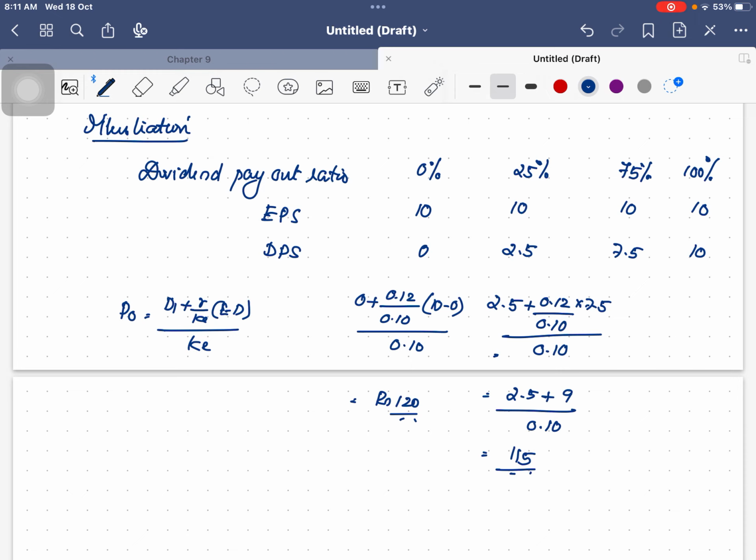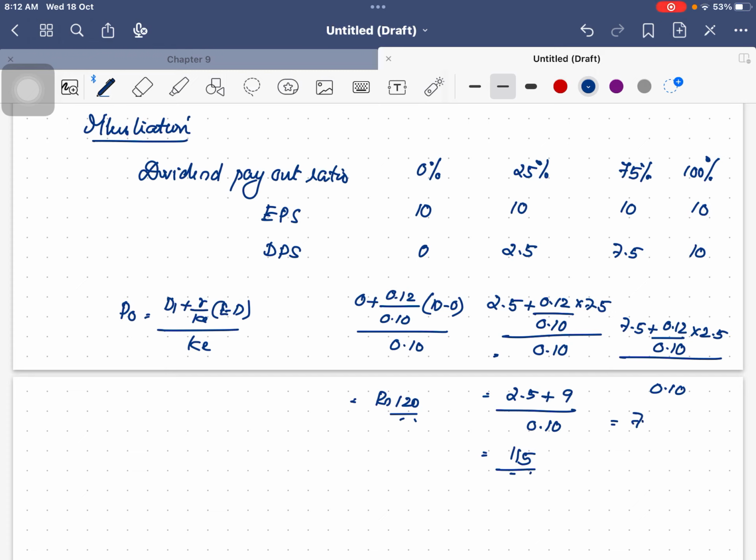The next one is 7.5, the D1, plus 0.12 divided by 0.10, 10 minus 7.5 will be 2.5, divided by 0.10. That will give you 0.12 into 2.5 divided by 0.1.